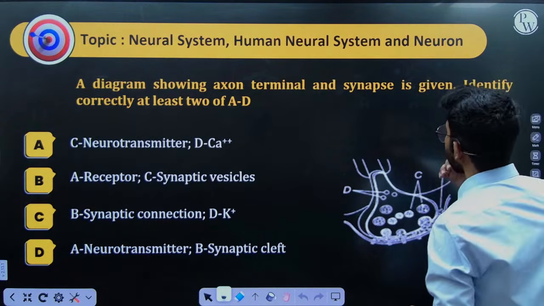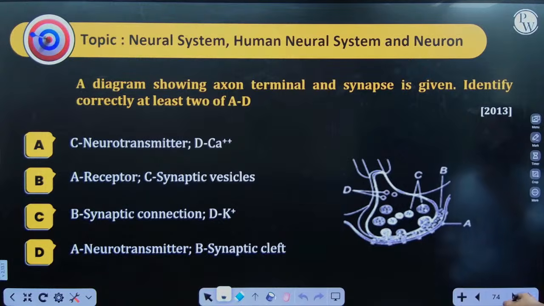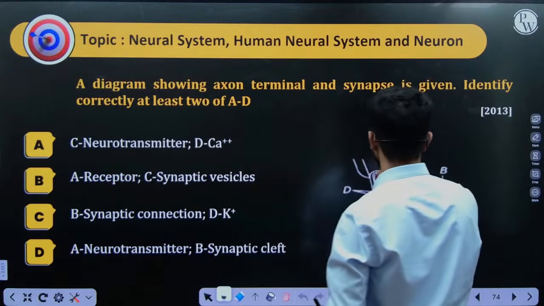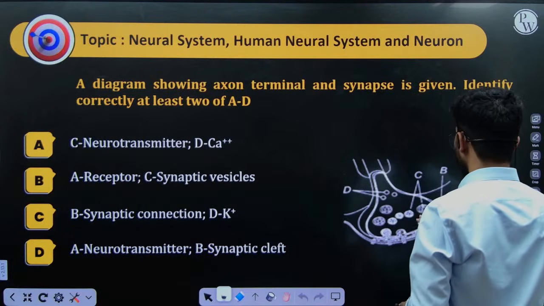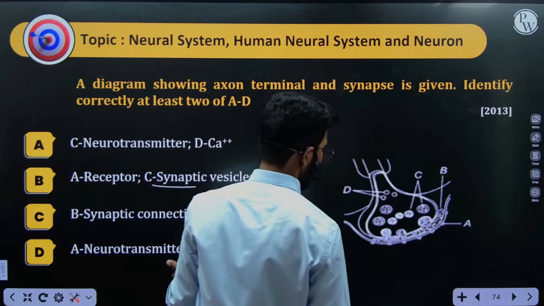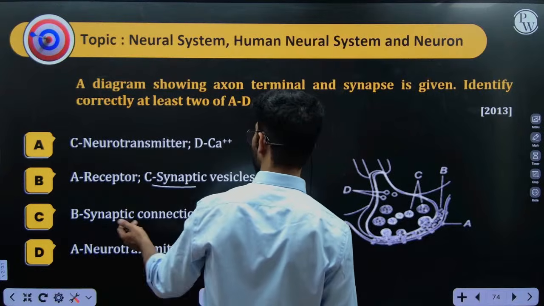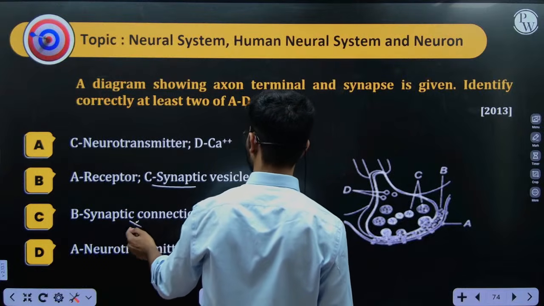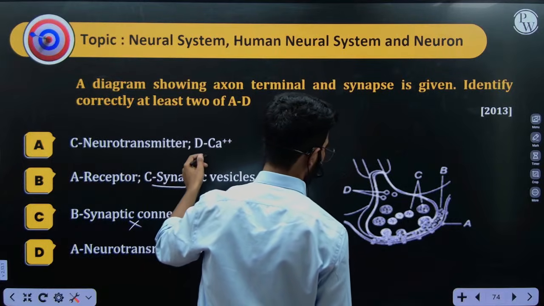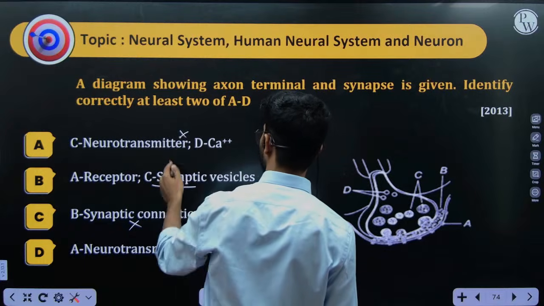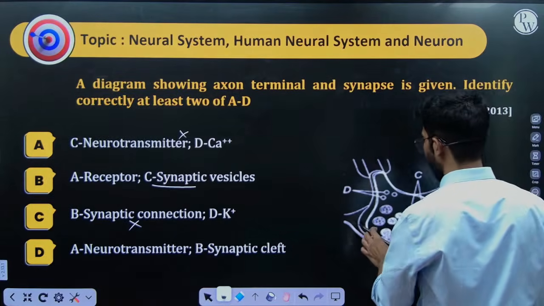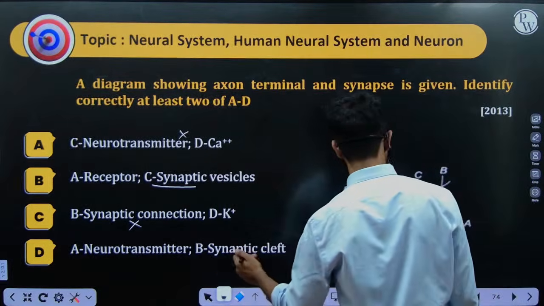A diagram showing the axon terminal and the synapse is given. Identify correctly at least two of A to D. C is the synaptic vesicles. A is the neurotransmitter, which is present between the space of these two neurons, and B is the synaptic cleft.